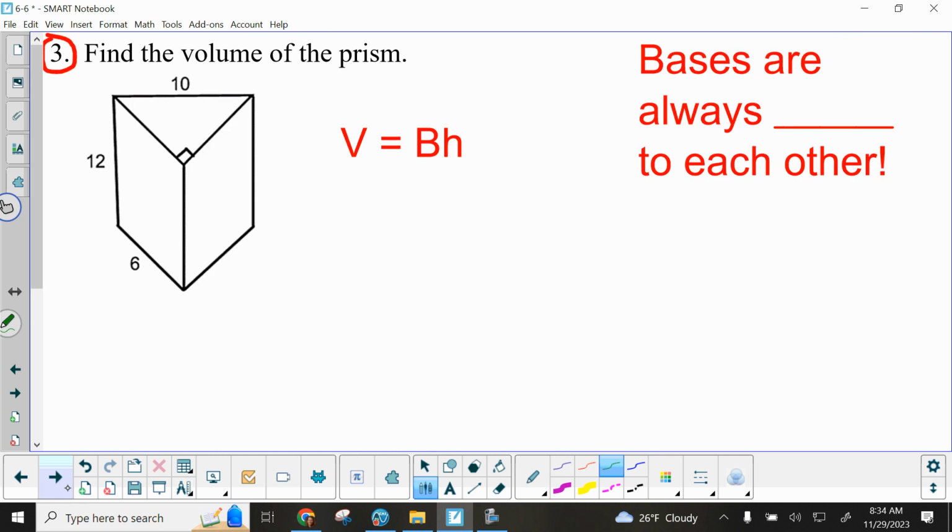3, find the volume of this prism. So this is a triangular prism, because its base is a triangle. And I can tell what the base is because the 2 bases always are parallel to each other.